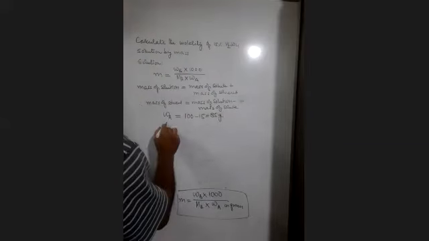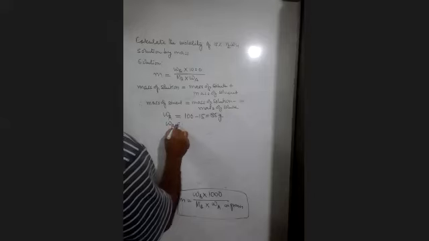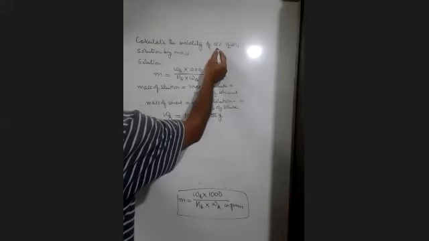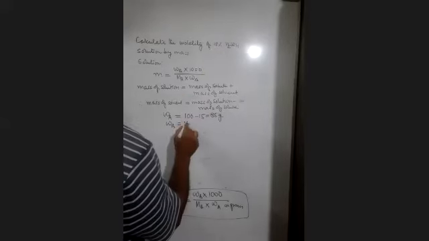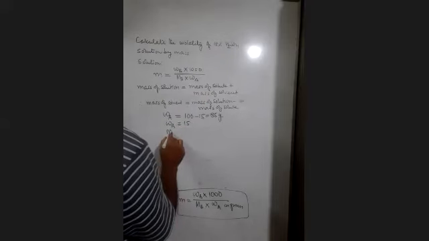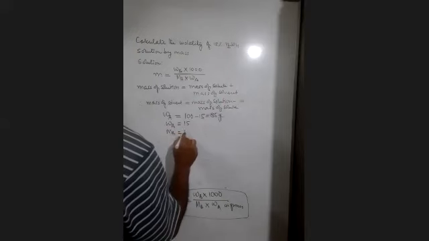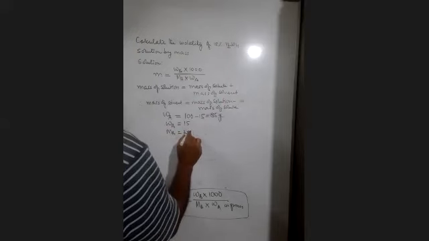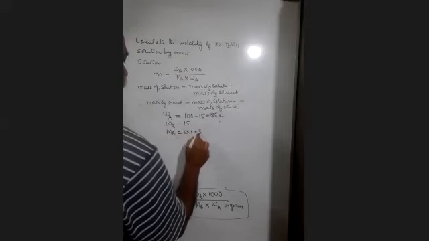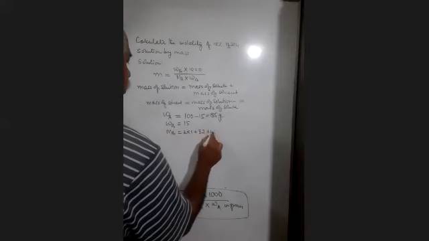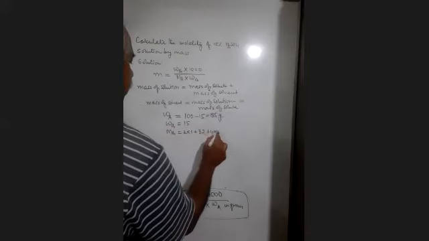Okay, now what is WB? WB is this one. MB, you know, sulfuric acid is what? 2 atomic mass of hydrogen is 1. Sulfur is 32. You have 4 oxygen.